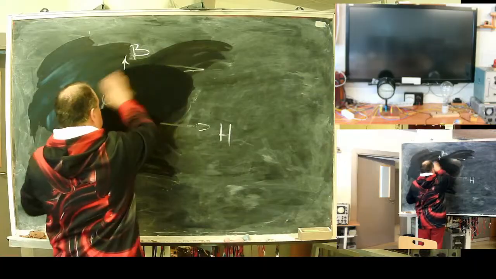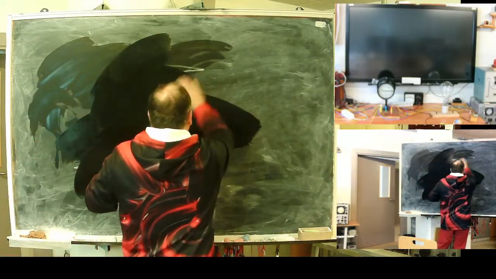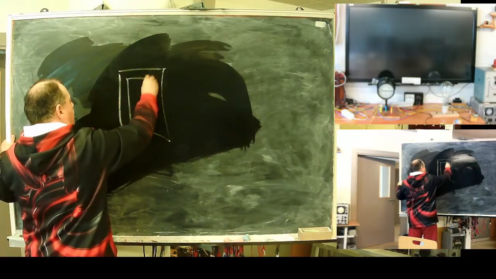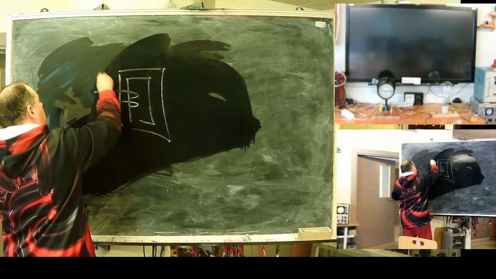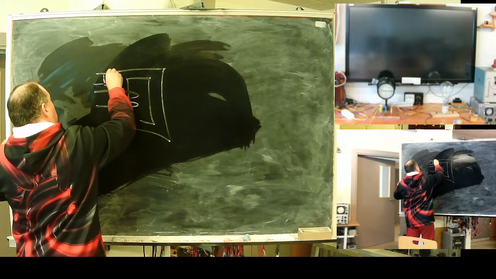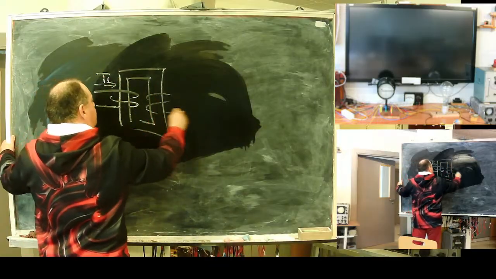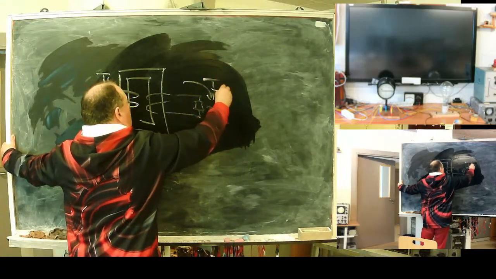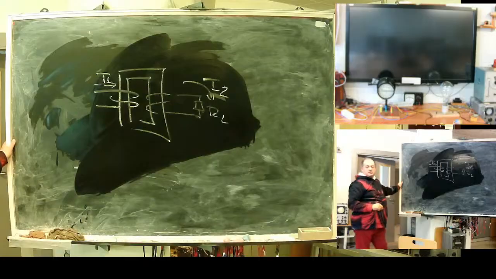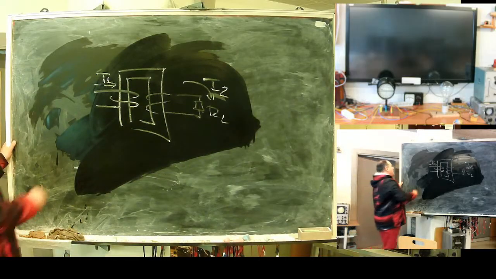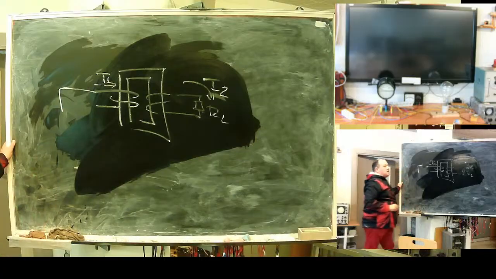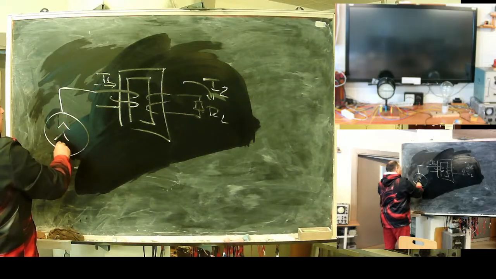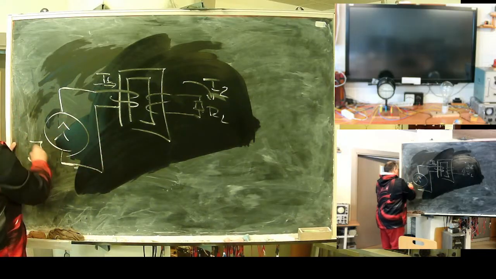Meaning what? If we have a current transformer with primary 1 volt, resistance I2, what will we see? It's a current transformer. When you speak about current circuits, think of them as powered from a current source.